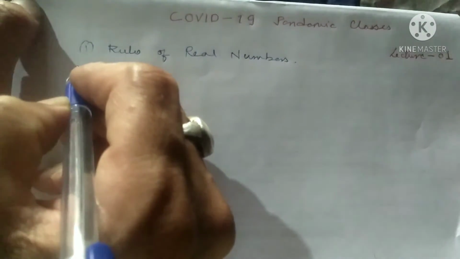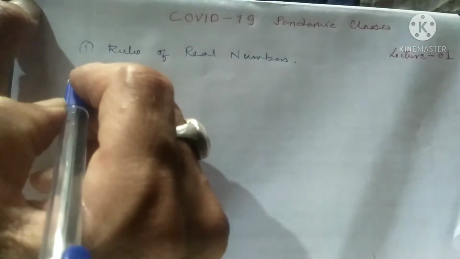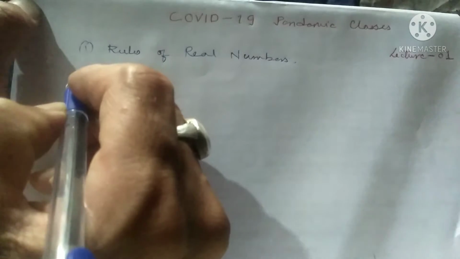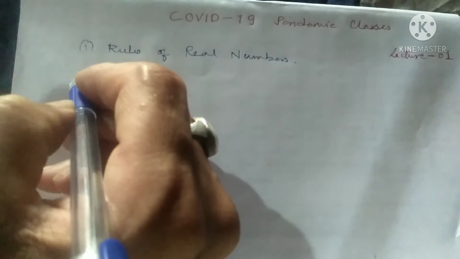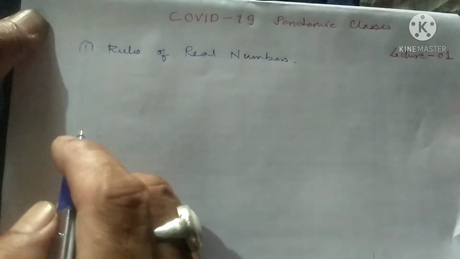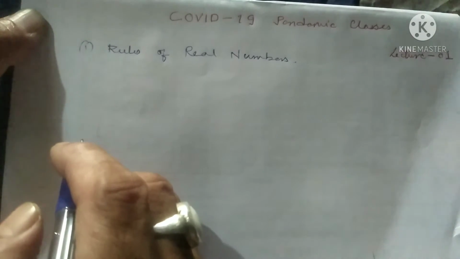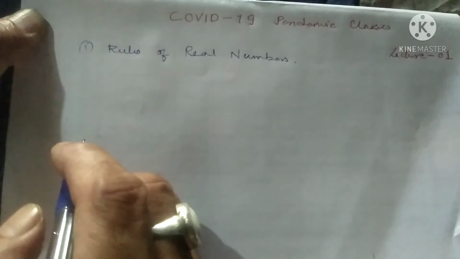There are altogether 7 rules of real numbers, the most important rules. However, there are 9 rules, but today I'm going to consider the 7 rules.